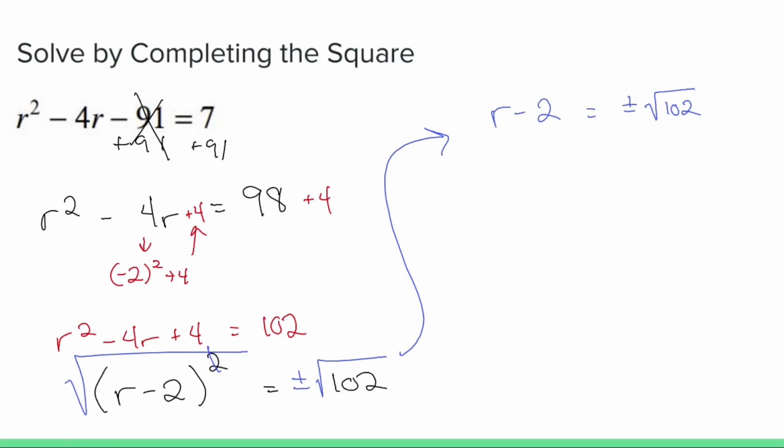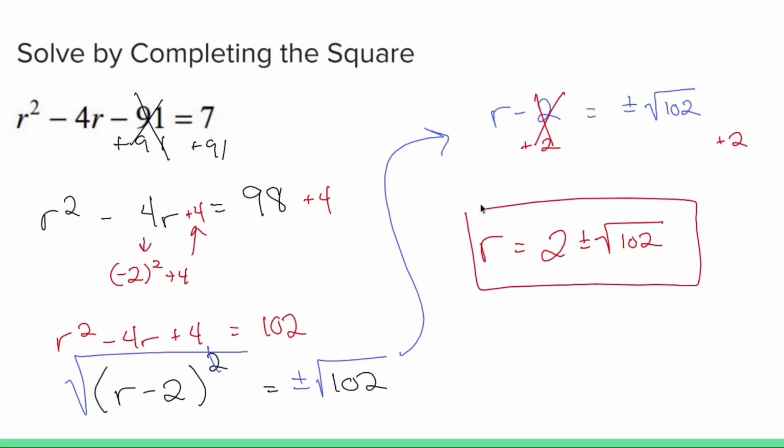But in order to get r by itself, what I have to do is add 2 to both sides, and r is going to equal 2 plus or minus the square root of 102. Okay? That's completing the square. Not the easiest process in the world, but not the worst either.